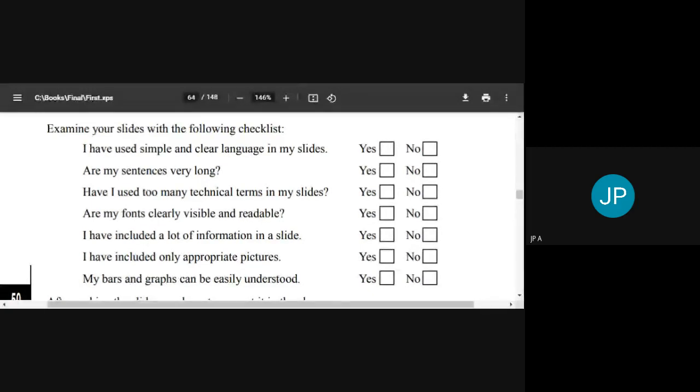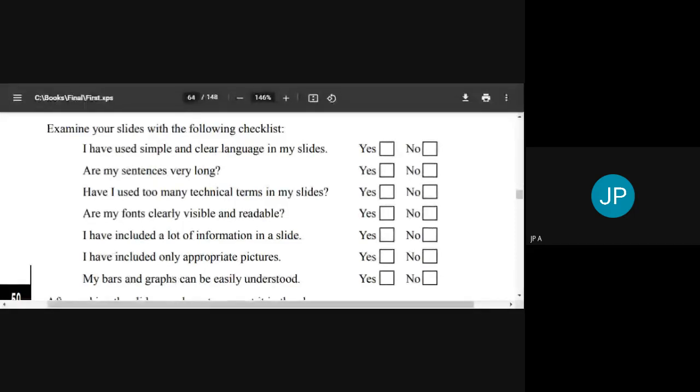Yes, exactly. Yes. So when you sum up, yes, summing up is very important. I have used simple and clear language in my slides. Should we use simple and clear language or should we use complex language? What kind of language should we use in our slides?